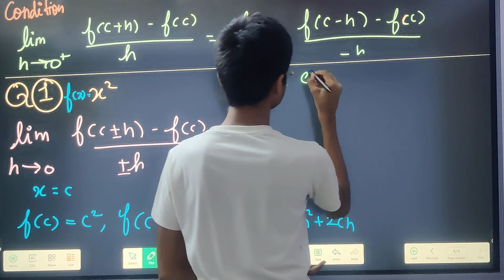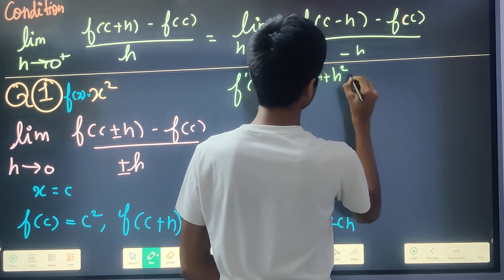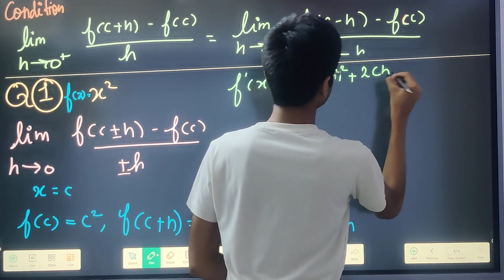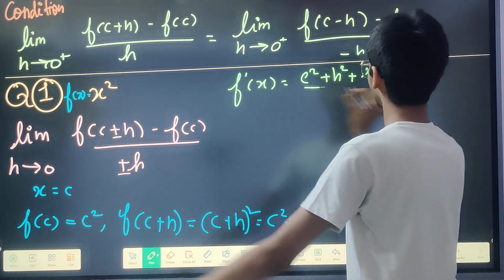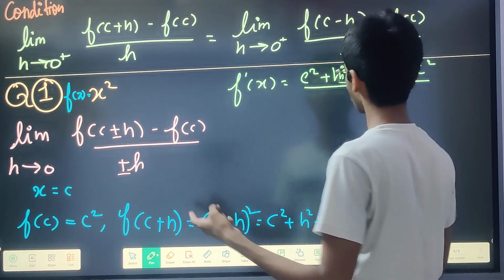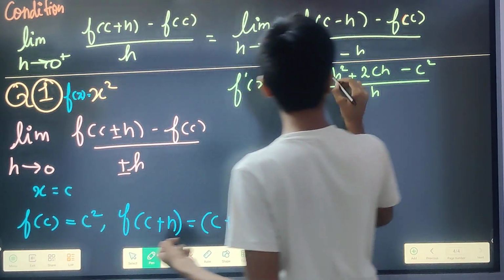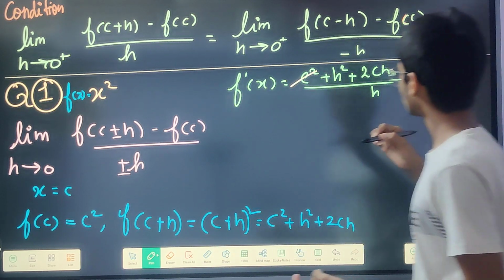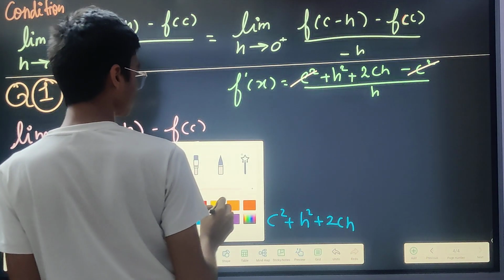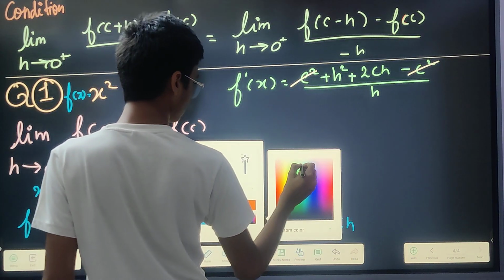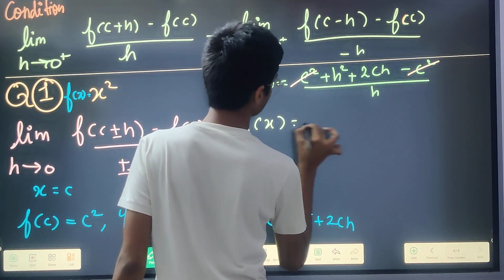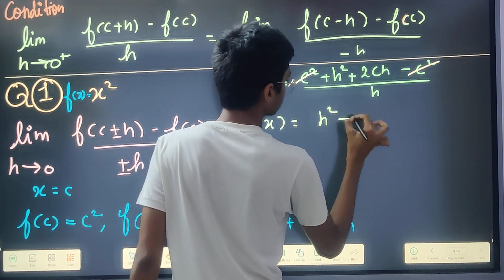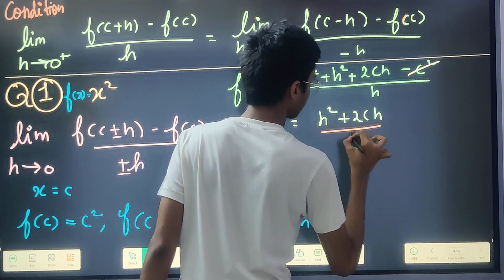First I'm going to write c square plus h square plus 2ch, minus f of c, that is minus c square, whole divided by h. The c square can be cancelled out. So f dash x is equal to h square plus 2ch whole divided by h.